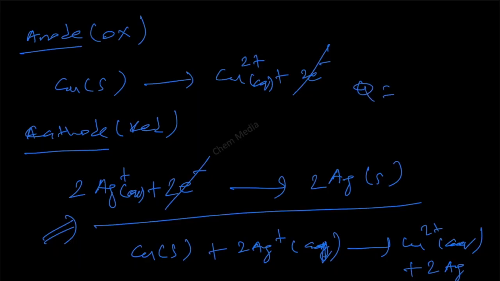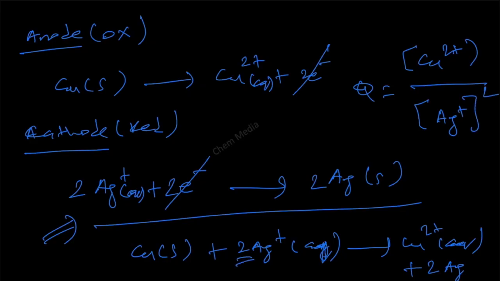Therefore, the quotient here is concentration of copper 2 plus divided by concentration of Ag plus whole square, because we have the stoichiometric coefficient 2 here. We don't write solids in the reaction quotient equation because they are constant. Now, this term is given as 10 to the power 16.